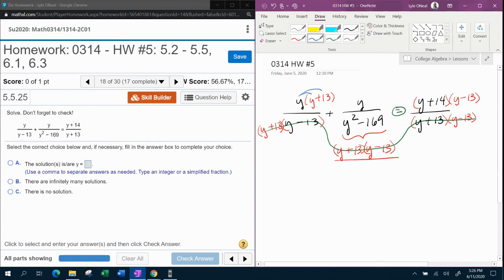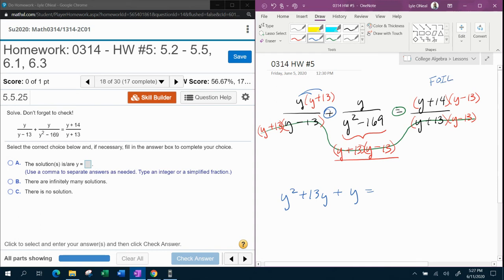y times y gives me y squared. y times 13, that's a plus 13y. And then I've got a plus y equals, and then back here it looks like we're going to have to use the FOIL method.